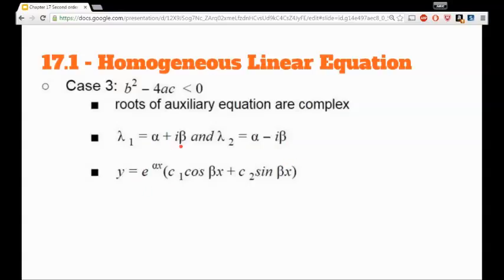And instead of dealing with the imaginary number i, we can put it in the form of cosine and sine. So we will have y equal to e to the power of alpha x times c1 cosine beta x plus c2 sine beta x.